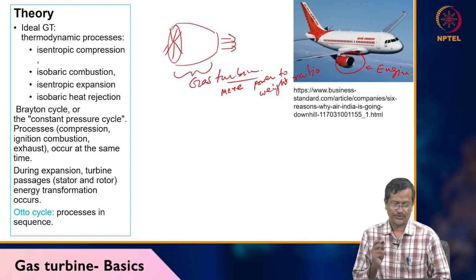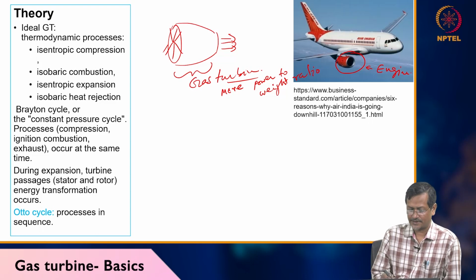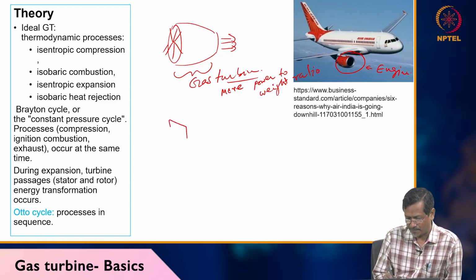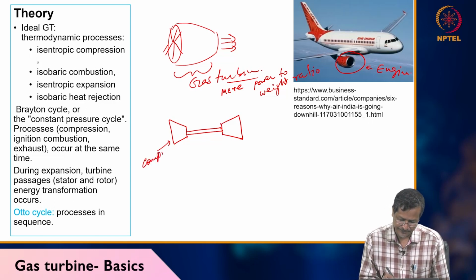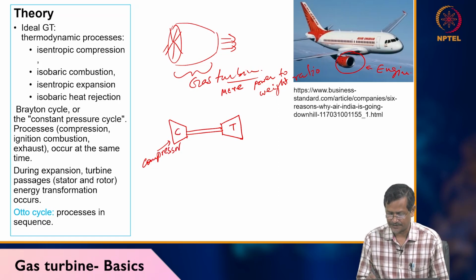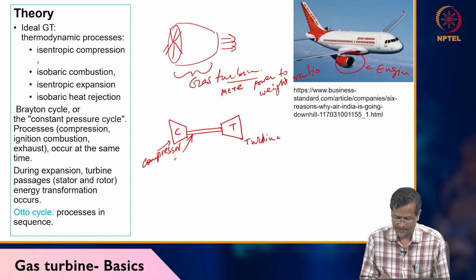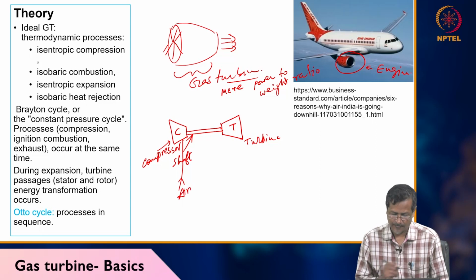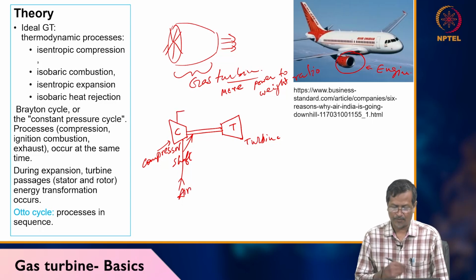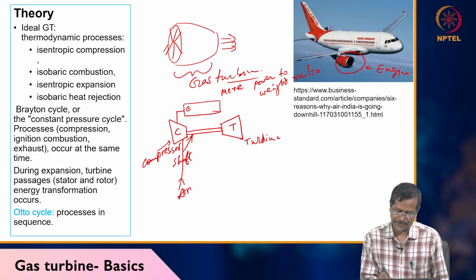The thermodynamic process has one compressor system and one turbine system, connected directly by a shaft. This is the compressor, I am putting C here, this is the turbine, I am putting T here, and this is the shaft. The compressor takes in air, and after compression the air goes to the combustion chamber.